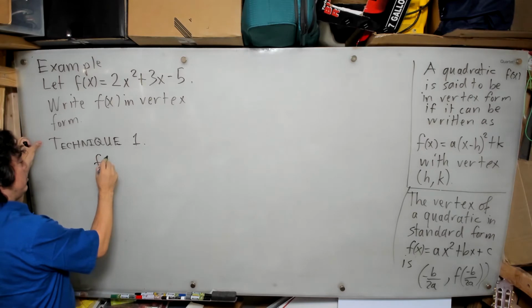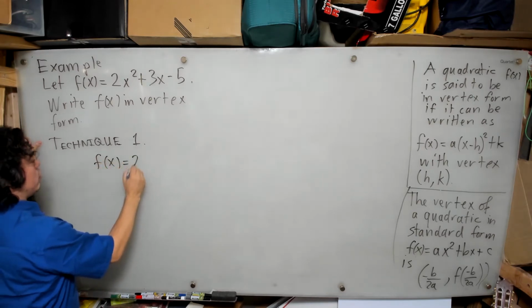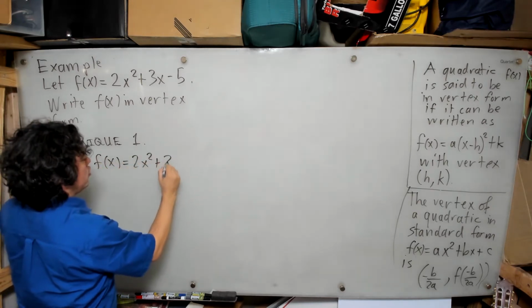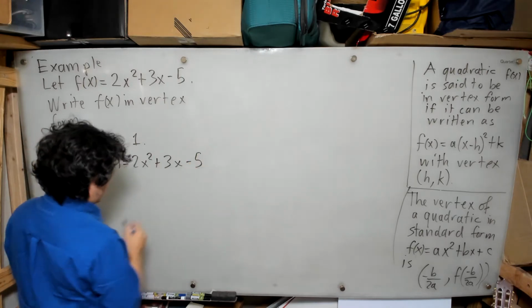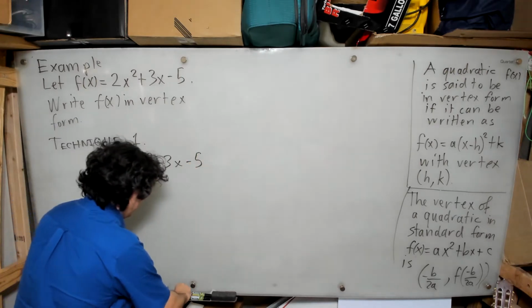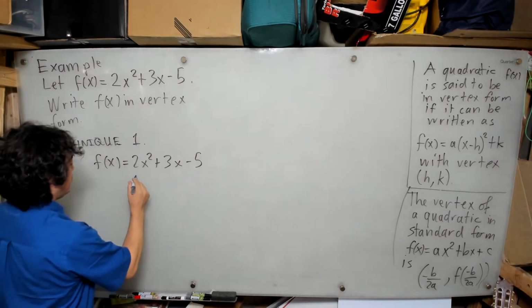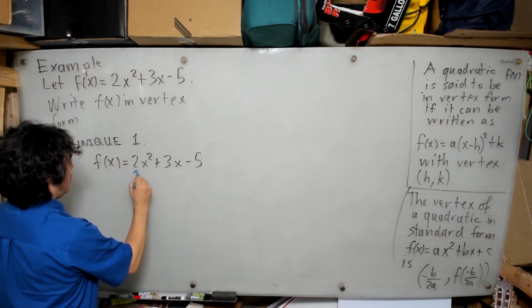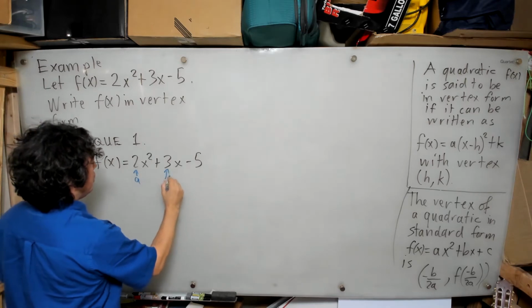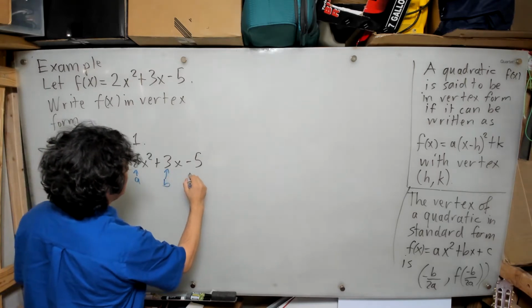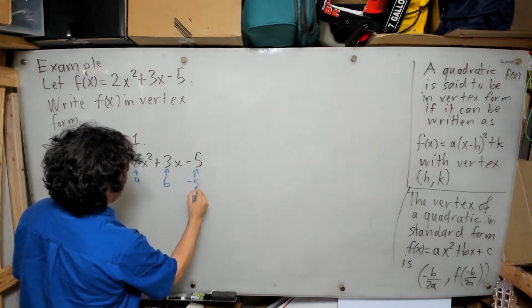I can see that my a is 2, my b is 3, and my c is negative 5.